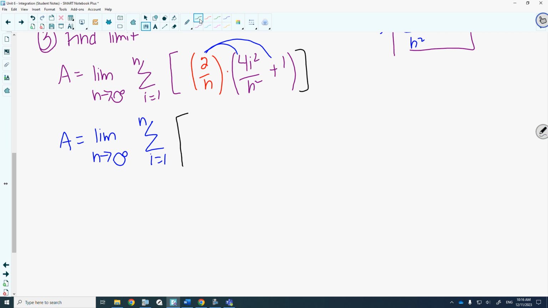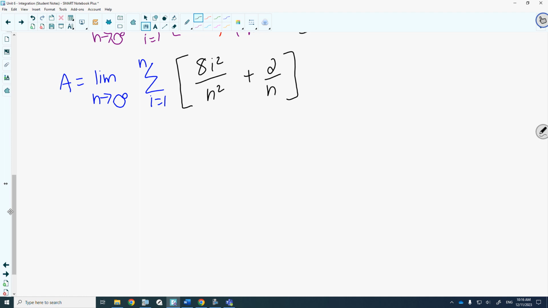Okay, so that will give us 8i squared over n cubed plus 2 over n. Use your properties of limits to separate these into two separate sums.